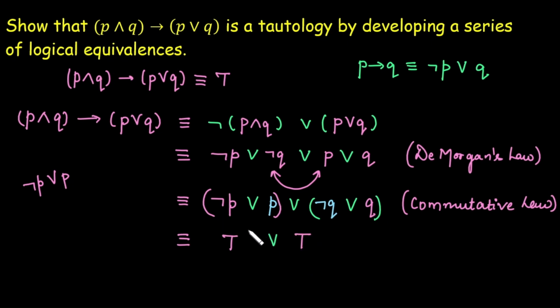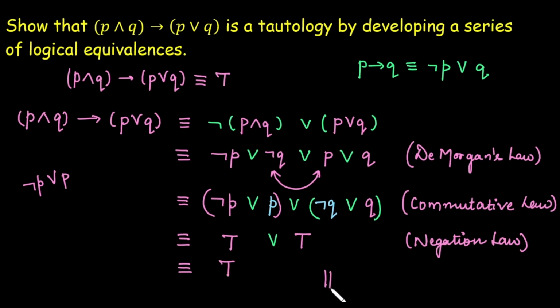Now what type of law have we used here? A particular thing with its negation is called the negation law. So we have used the negation law. This is further logically equivalent to true or true, which is always a true statement, our right hand side.